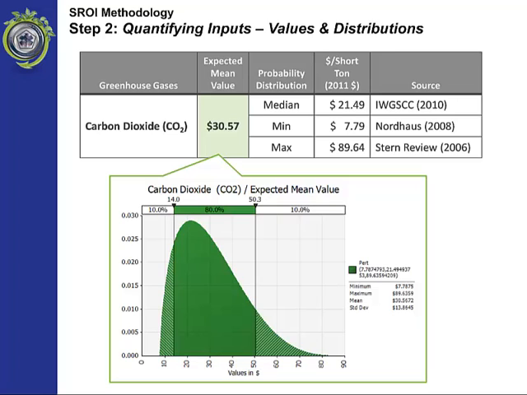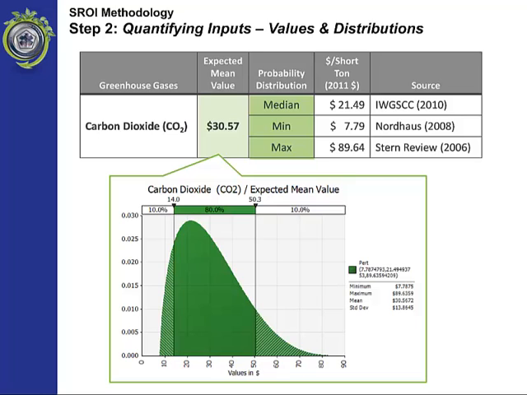The curve is defined by 3 key points of reference: the median, minimum, and maximum values, which map out the curve. In this case, the median or middle value of the dataset was sourced from the IWG-SCC, a committee of large federal government departments.